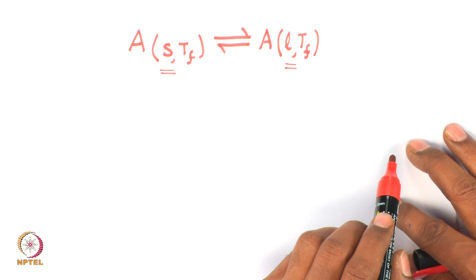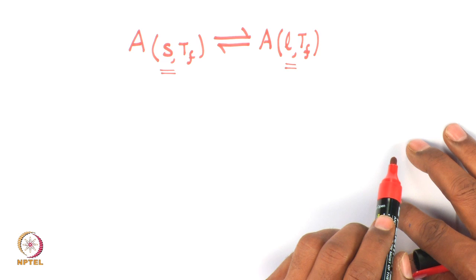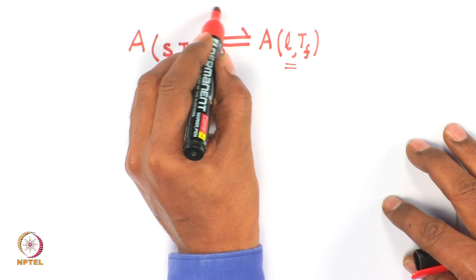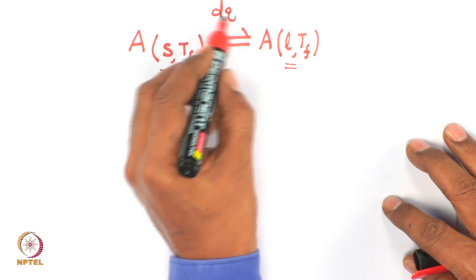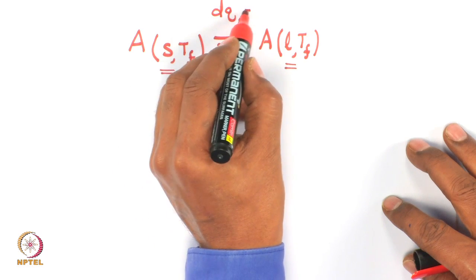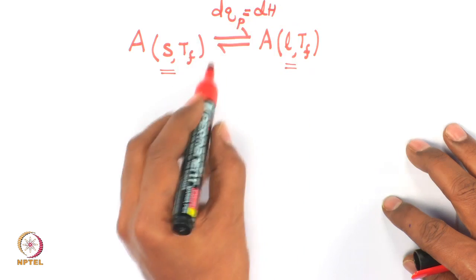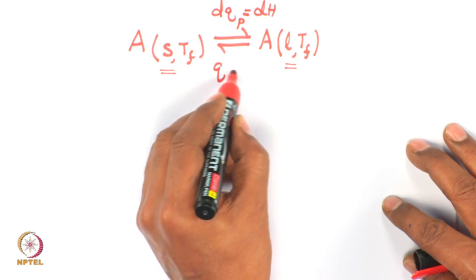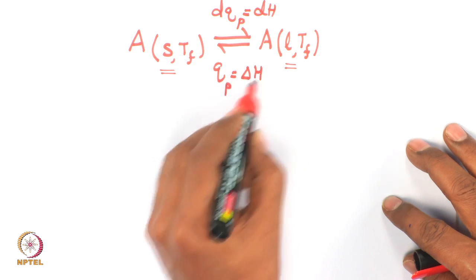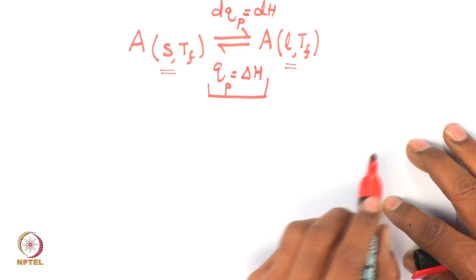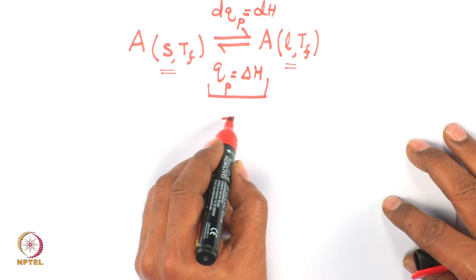Since the process is reversible, occurring at constant pressure, whatever is the change in heat, since it is at a constant pressure, this is equal to dH, or I will say Qp is equal to delta H, at a temperature Tf.